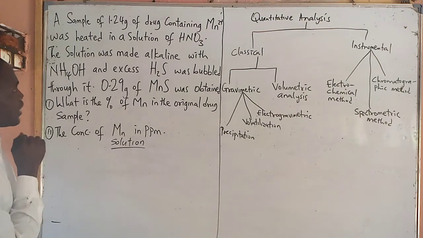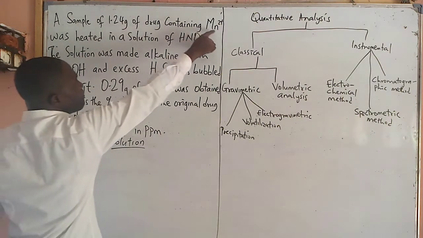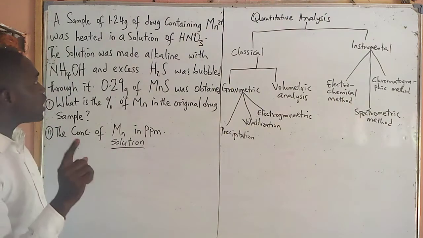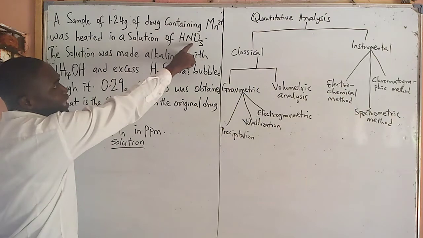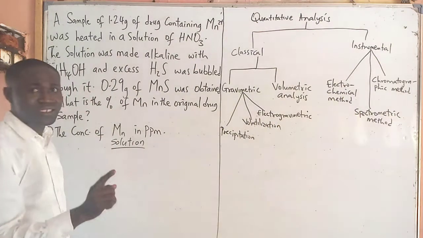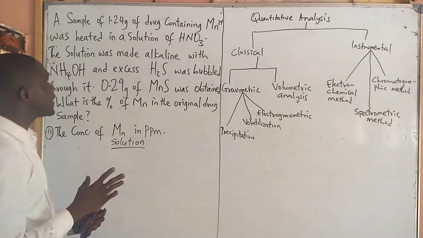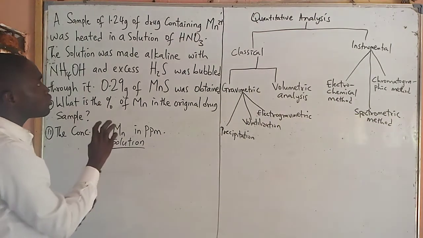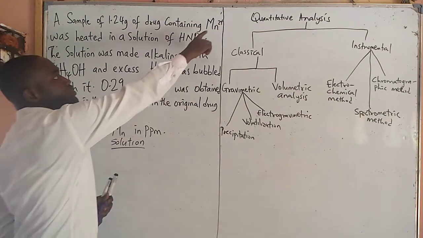Now, they say the sample of the drug contains manganese. It does not mean that the whole sample will react with nitric acid. It is this manganese that has the intrinsic property to react with nitric acid. So if you carry this drug and pour nitric acid inside it, what will react is manganese.